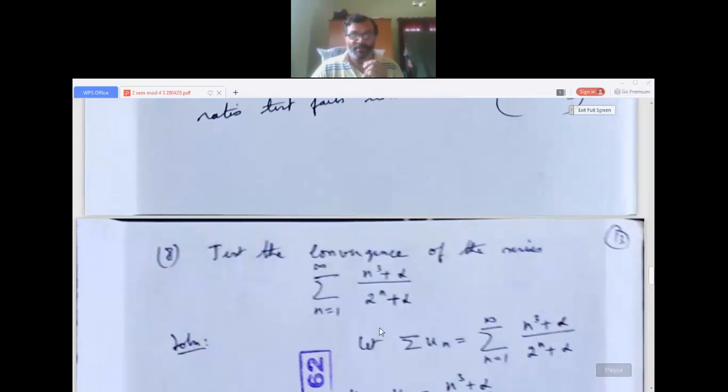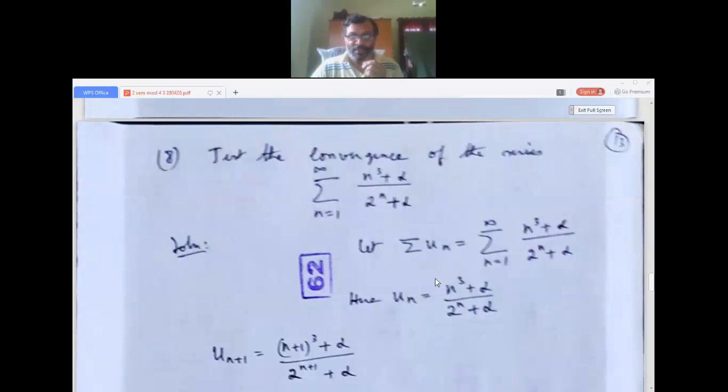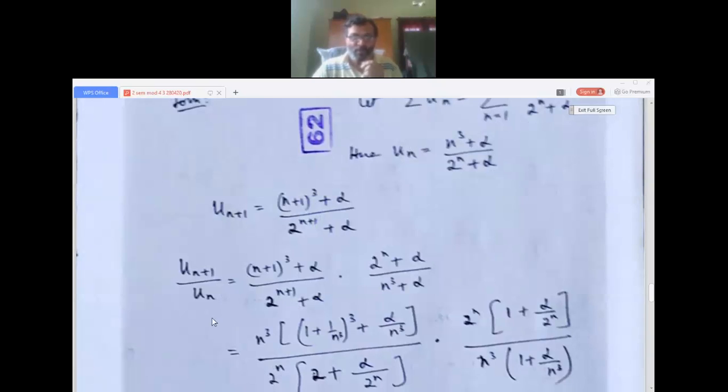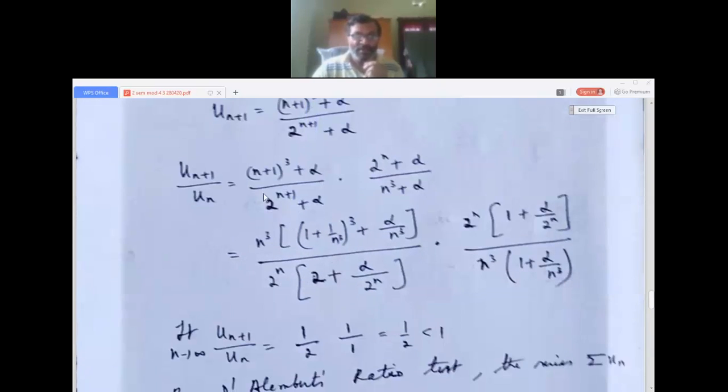Same problem here: test the convergence of the series sigma n is equal to 1 to infinity of (n cube plus alpha) by (2 power n plus alpha). Take it as sigma un, that is the nth term; for the n plus 1th term, replace n by n plus 1, and form un plus 1 divided by un. Here again I have written n cubed outside. Here I have written 2 power n into 1, that is, 2 power n outside; 2 power n plus 1 will be 2 power n into 2.